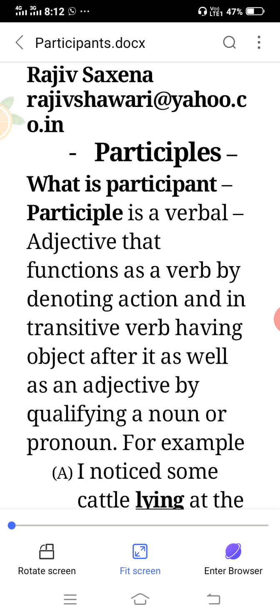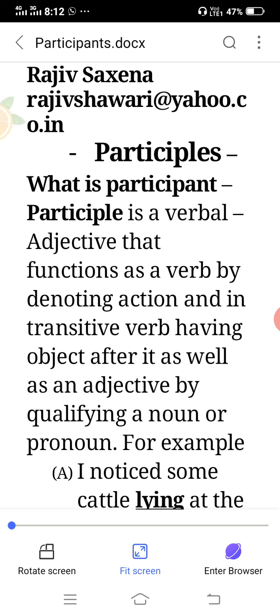Participle is a verbal adjective, whereas the next topic that we would be taking up, infinitive and gerund, is verbal noun. Okay, so keep the difference in mind.